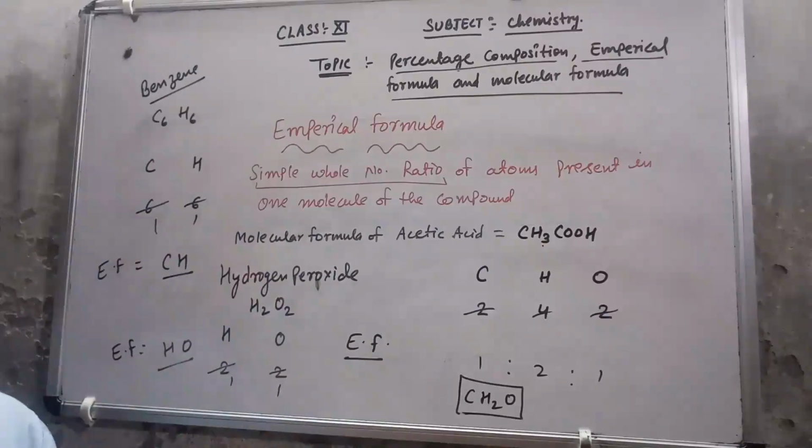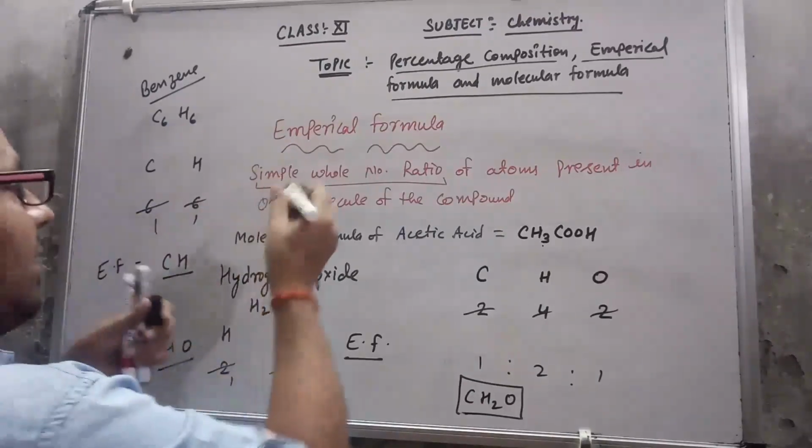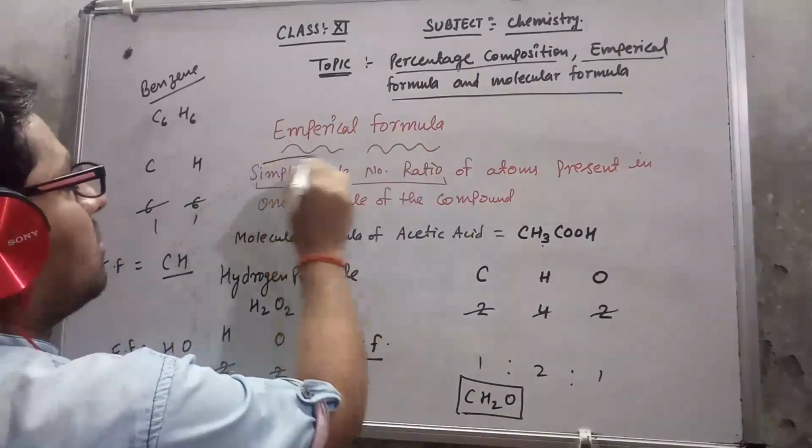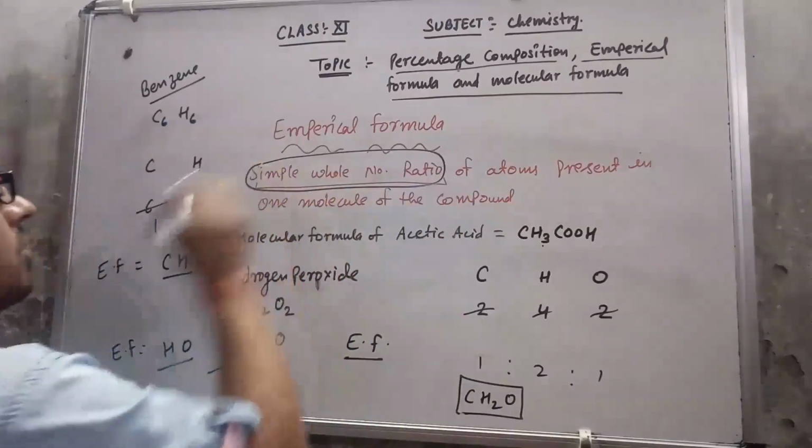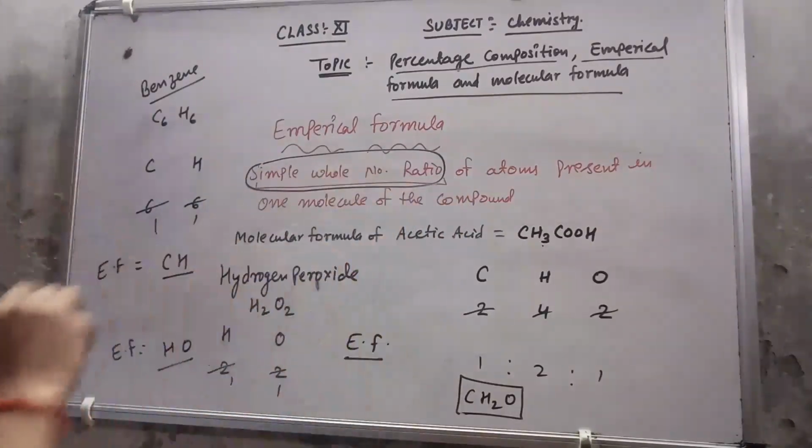Now what is the molecular formula? It is the formula which gives the actual number of atoms of elements present in one molecule of the compound. Keep in your mind, the empirical formula will be the simple whole number ratio, and the molecular formula is what?